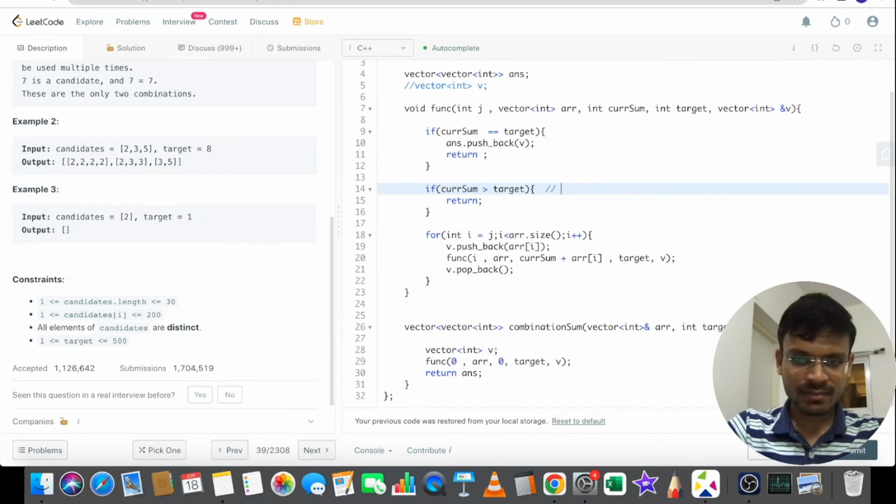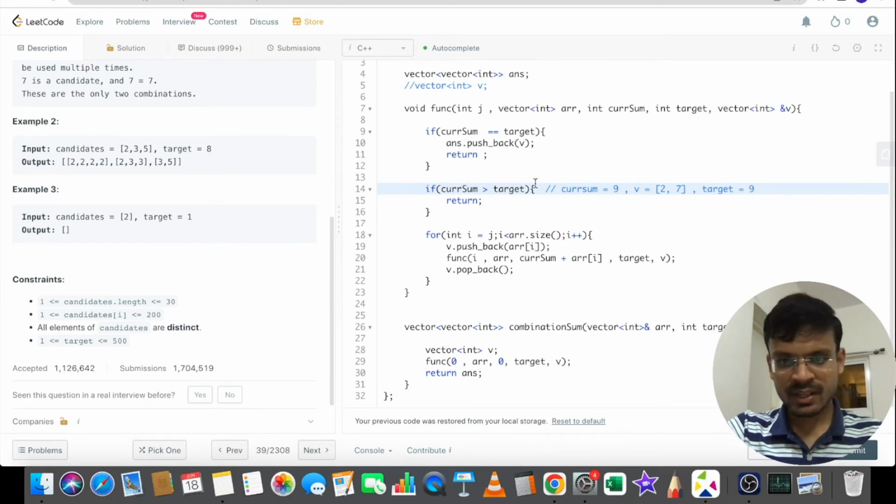So suppose the current sum value is 9, and the vector v is something like 2 7, and the target value is suppose 8, which I have to make. All the elements in the input vector would be positive; it has been mentioned in the question that the candidates of i range from 1 to 200.